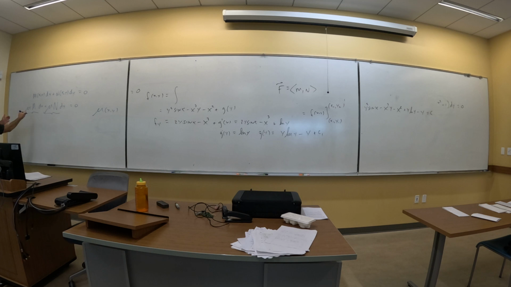If you want, call this capital A and capital B, and let's look at those cross partials. Okay? So the partial with respect to y of this: product rule? Yeah, because it's a product of two functions. So first times the derivative of the second plus the second times the derivative of the first. This is with respect to y.